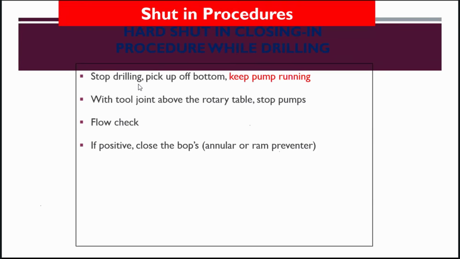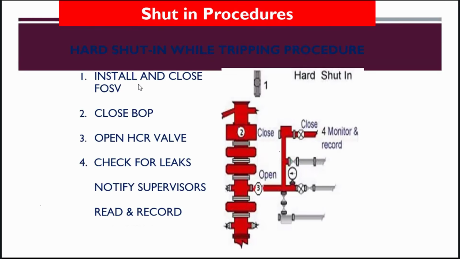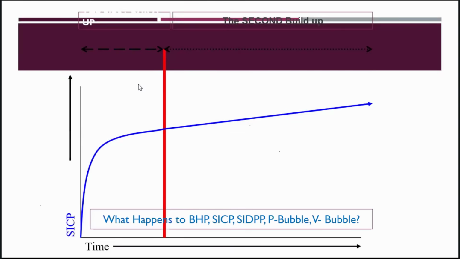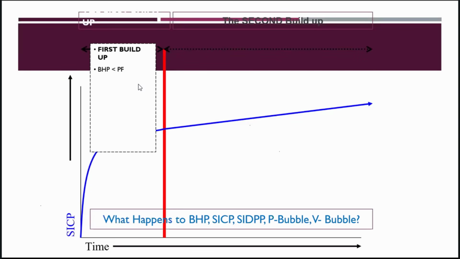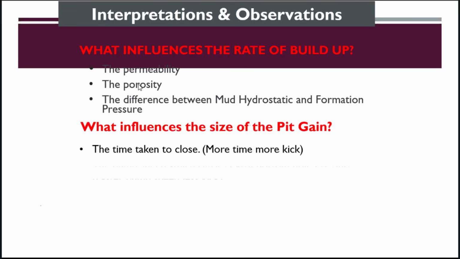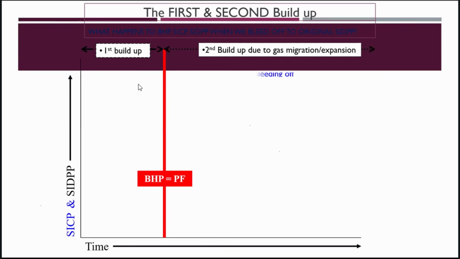Okay. Shut-in procedure I have explained to you briefly. Now, as we have limited time, I'll just give you an idea about the killing procedure. Well killing, what is well killing and how can it be done?